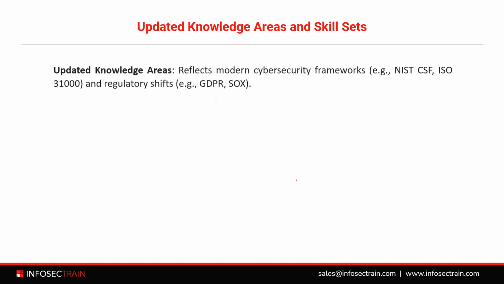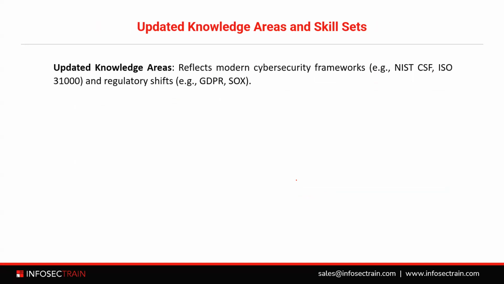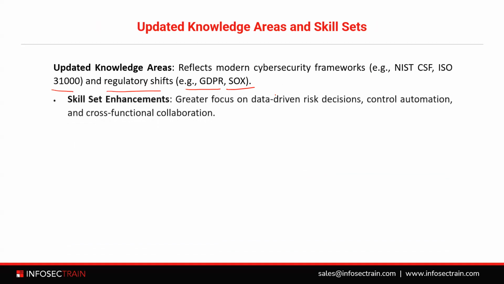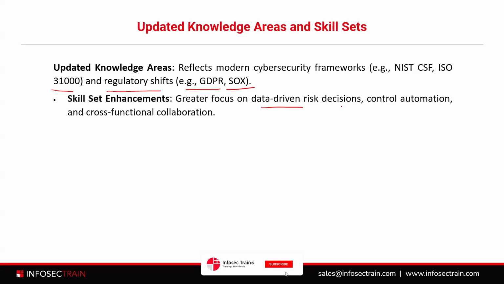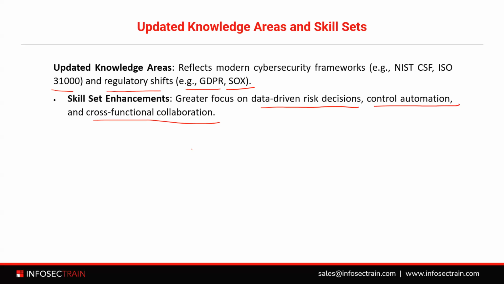This new syllabus reflects more on modern cybersecurity frameworks, for example NIST CSF, ISO 31000, and regulatory shifts, for example GDPR and SOX. When you talk about skill set enhancements, greater focus is given to data-driven risk decisions, control automation, and cross-functional collaboration.